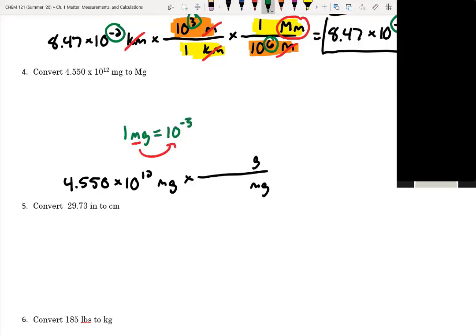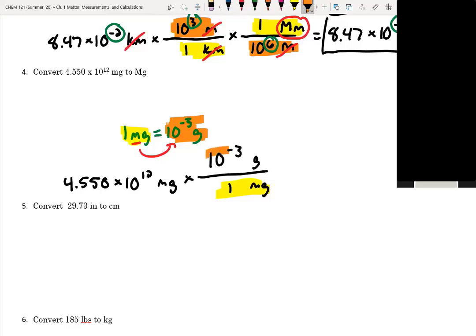So it's 1/1000th of a gram. So just like before, I can say 1 milligram, let me keep this color coding the same, is going to be on the bottom, and 1 is always paired with that milli unit. And then over here, 10 to the negative 3 is paired with the grams unit, so I'll put that on top.